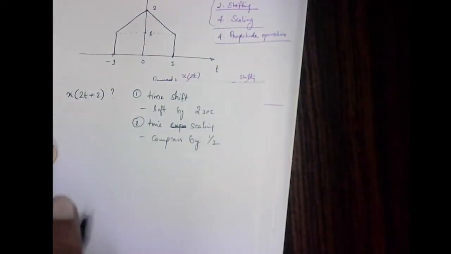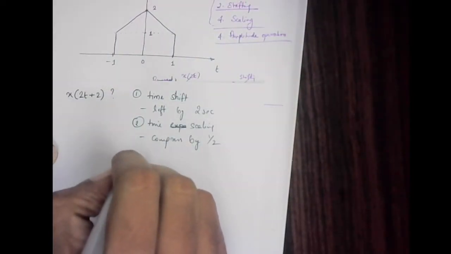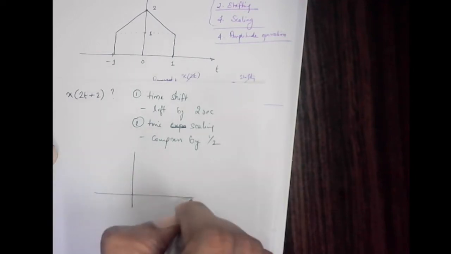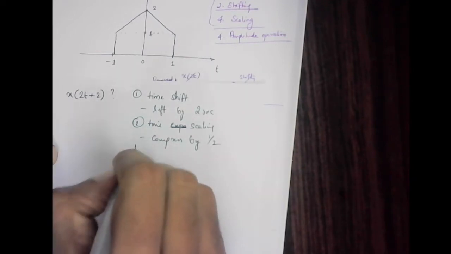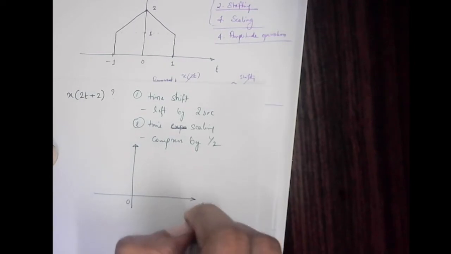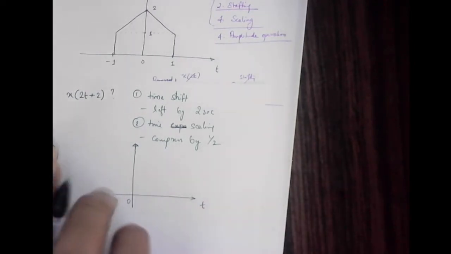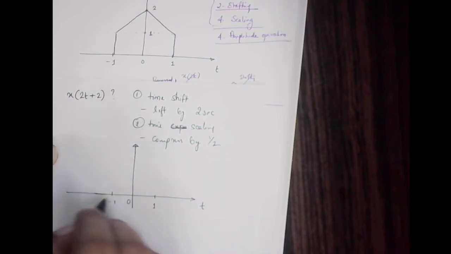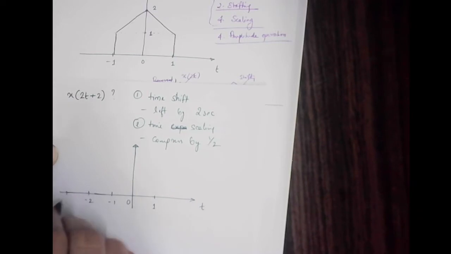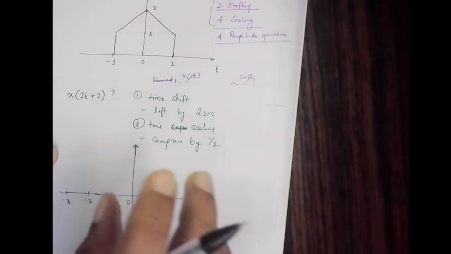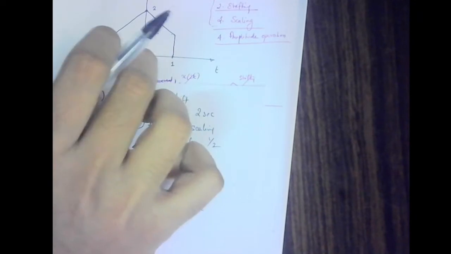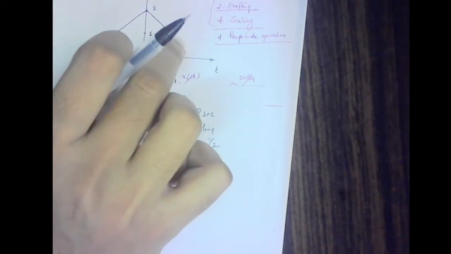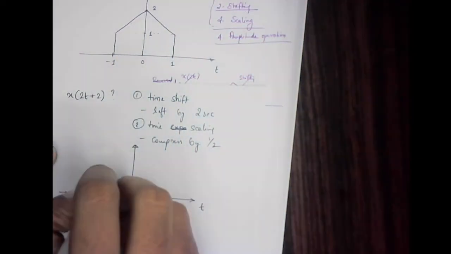Okay, so let me first do the shifting operation. So this is 0, shifting to the left by 2 seconds. So this is 1, this is minus 1, this is minus 2, and this is minus 3. You need to shift this twice. So this one position is moved to minus 1.